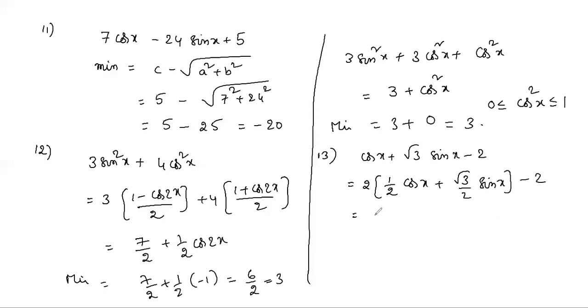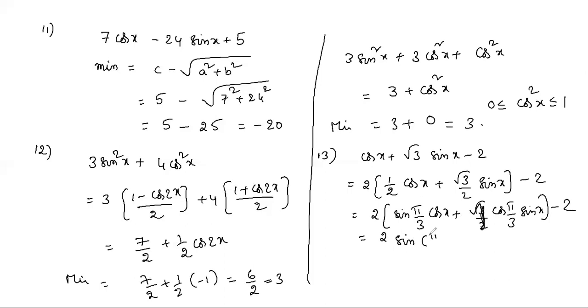So 2 into 1 by 2 you can write as sin 30, cos x, plus root 3 by 2 you can write as cos 30, sin x, minus 2. So 2 into sin a cos b plus cos a sin b is sin of a plus b. So 2 sin of pi by 3 plus x, minus 2.